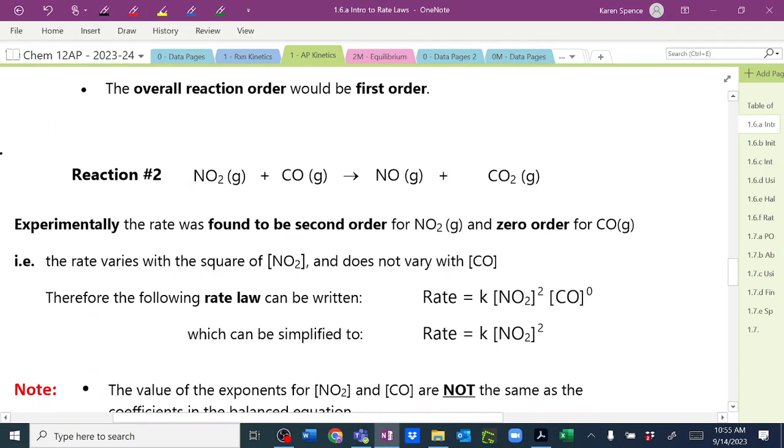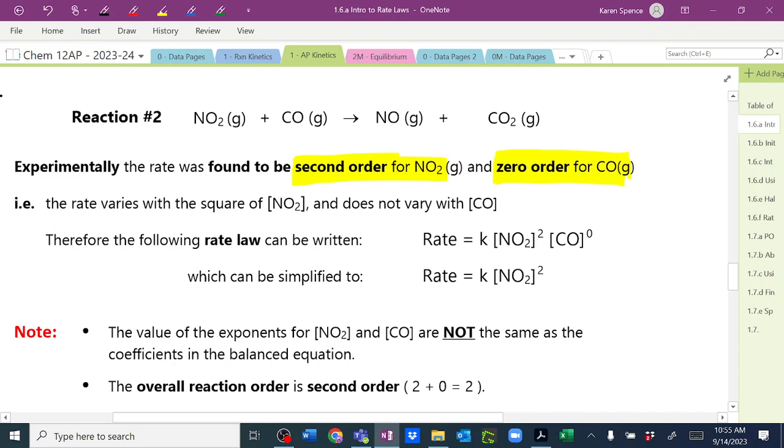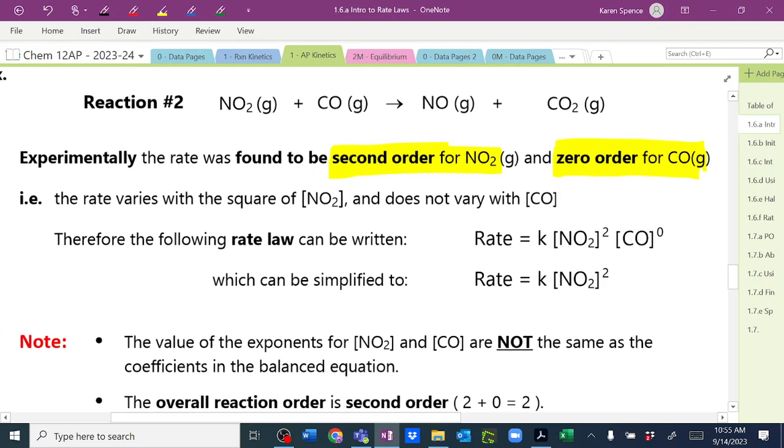Okay. Here's reaction number 2. It was found to be second order for NO2 and 0 order for CO. So if we write our rate law, what that means is that if it's second order for NO2, that means that rate varies with, is proportional to concentration of NO2 to the what? To the 2.